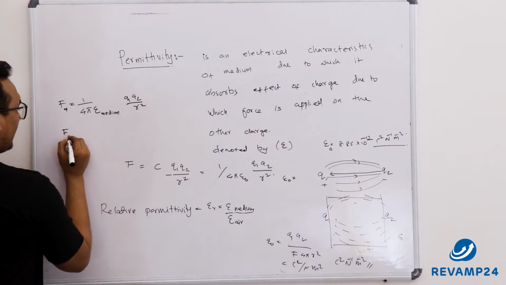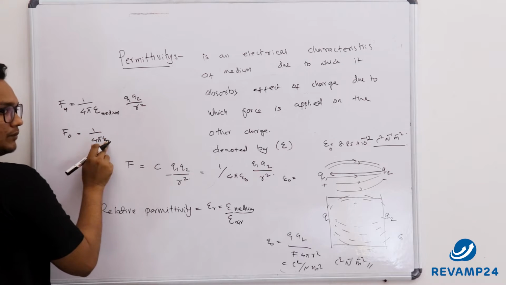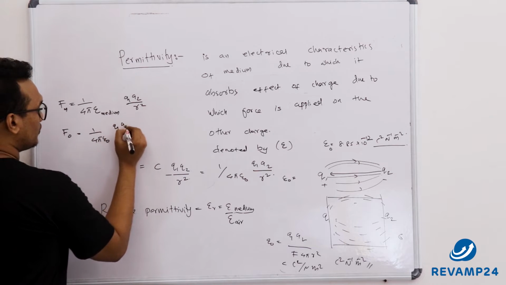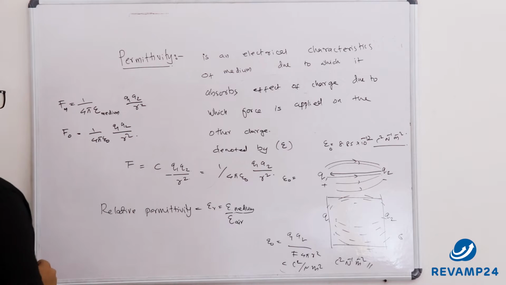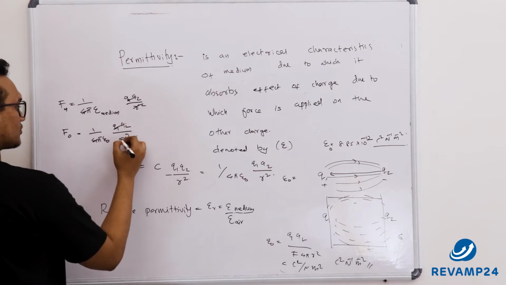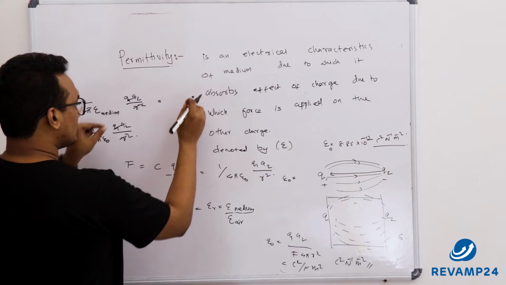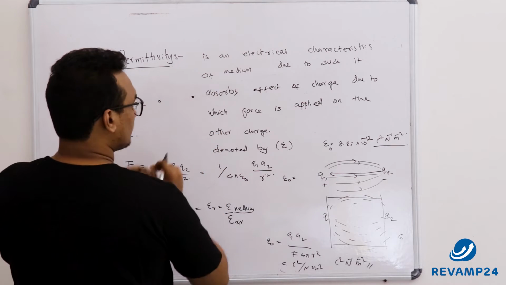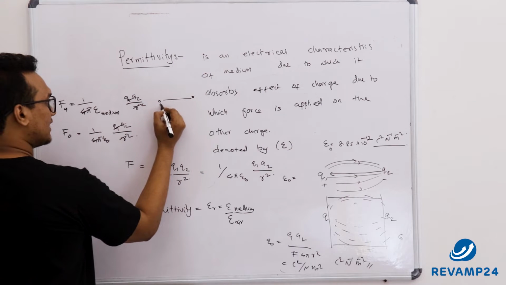Now force in air or free space is equal to 1 by 4 pi epsilon 0, Q1 Q2 divided by r square. Divide both the values so that 4 pi will be cancelled, Q1 Q2 will be cancelled, r square will be cancelled. What is the case here? Two charges, one in vacuum, then we are keeping it in a medium, with the same distance and same charges.